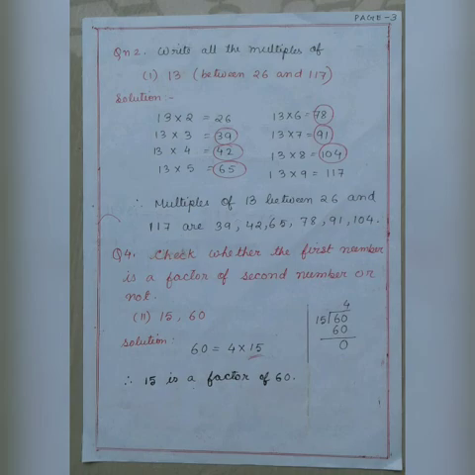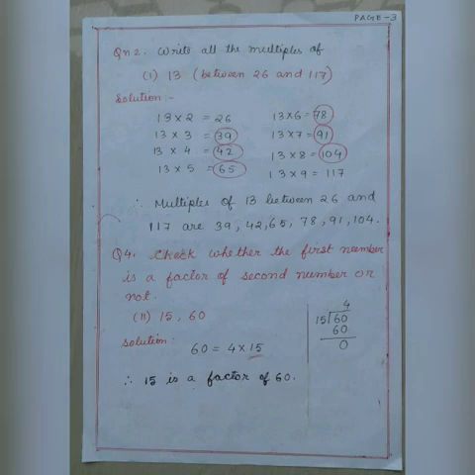So I have to write the values between 26 and 117. So between 26 and 117, the values which are multiples of 13 are 39, 52, 65, 78, 91 and 104.